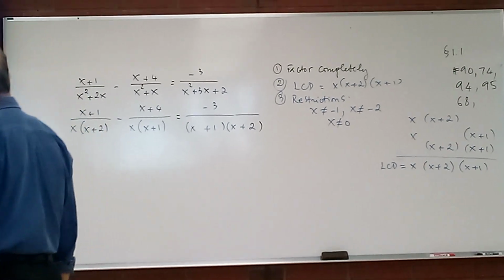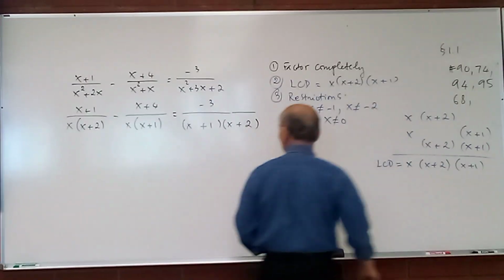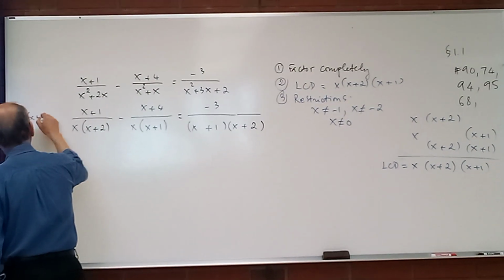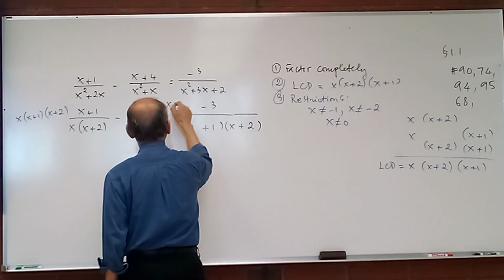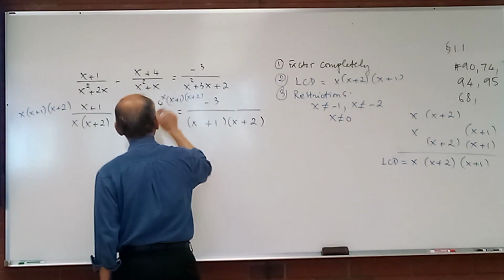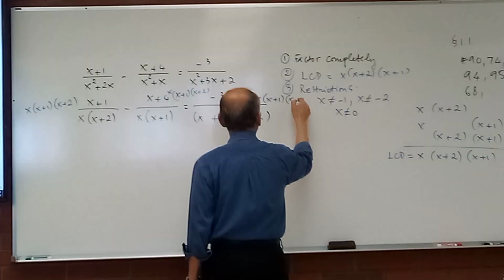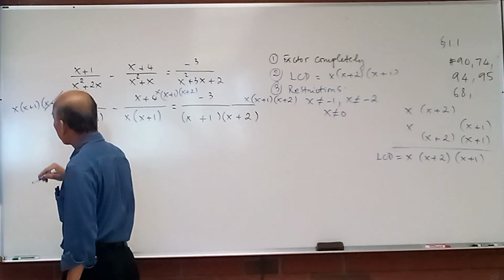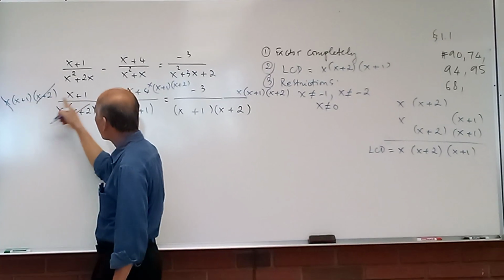Multiply the LCD to every term and simplify. This step will eliminate all denominators. So multiply by x and x plus 1, x plus 2, and simplify it. x plus 2 cancels out, x and x, so we only have remaining x plus 1 times x plus 1.